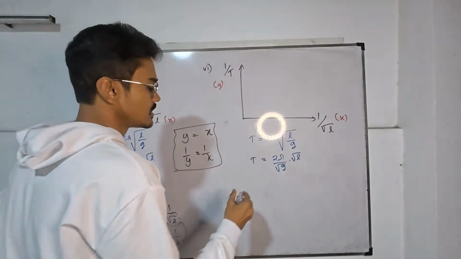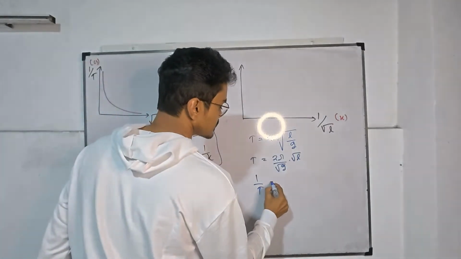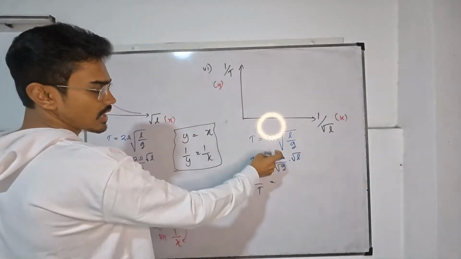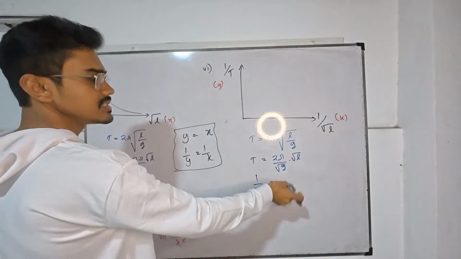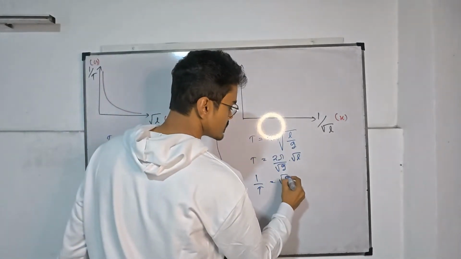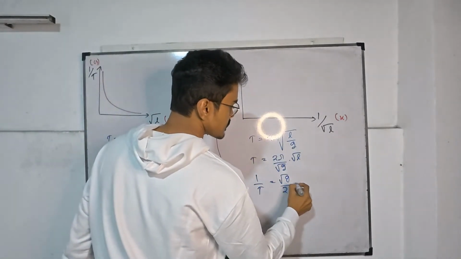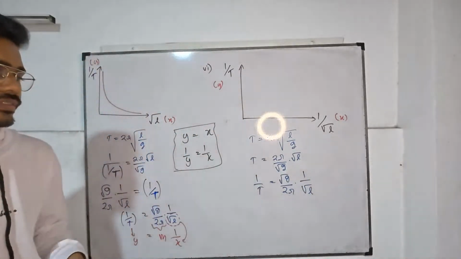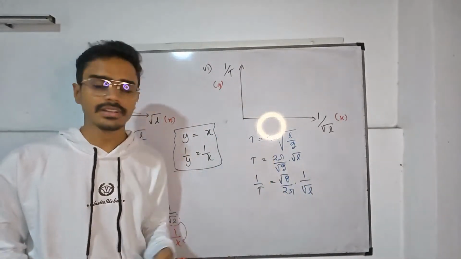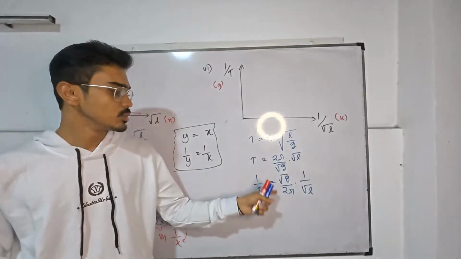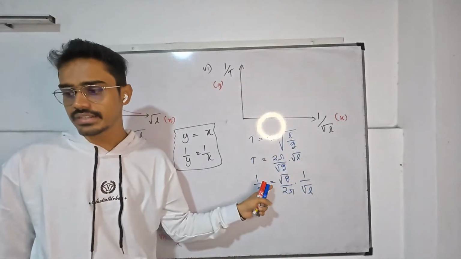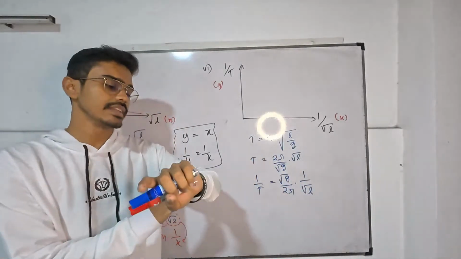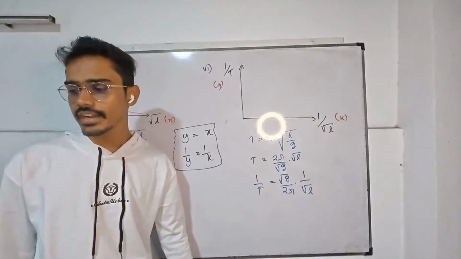Same thing. I can write this as 1 over t equals, 1 over 2 pi over root g will be root g over 2 pi, and this will be 1 over root L. Now, if I simplify this line, the same one comes. The two terms I needed to create are created.